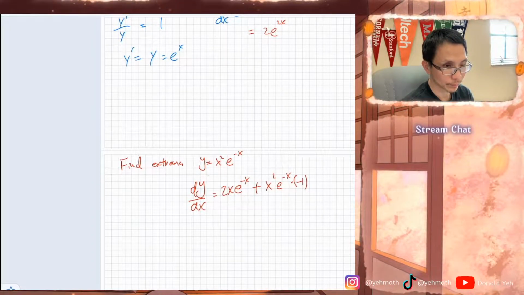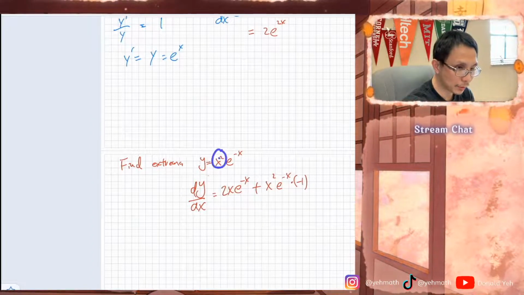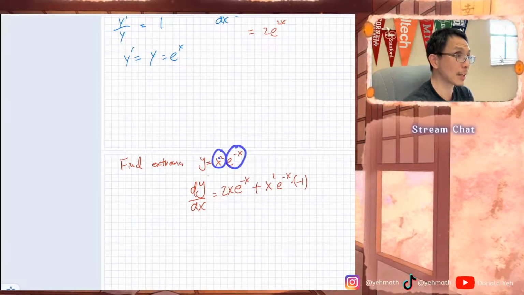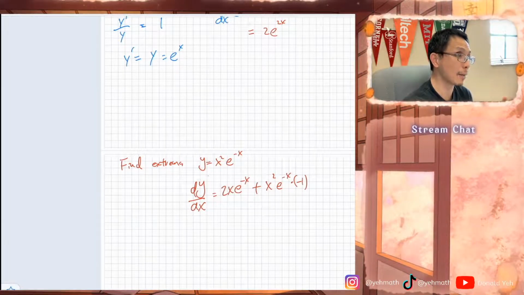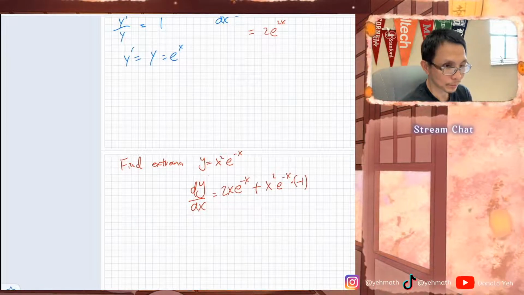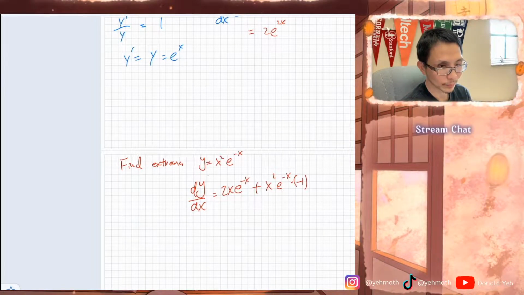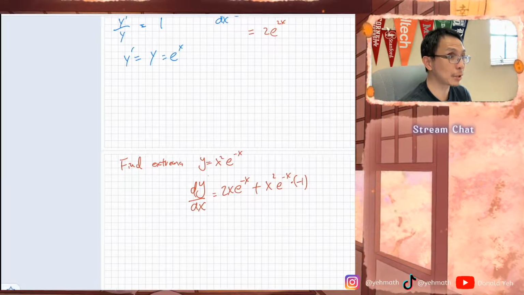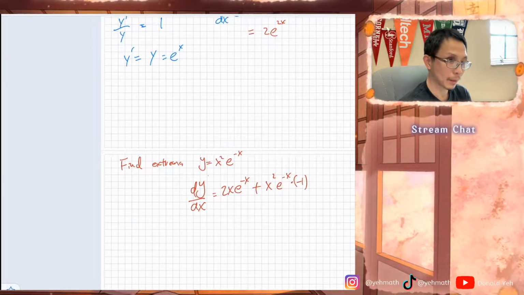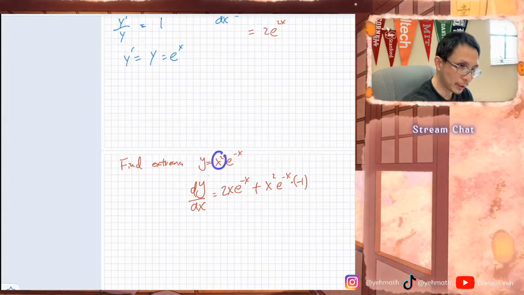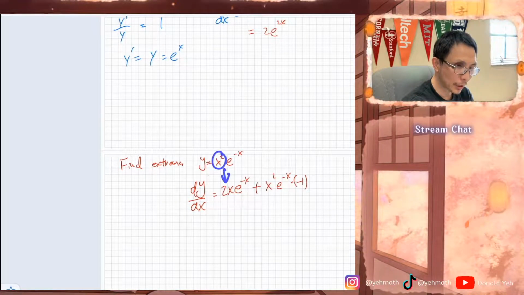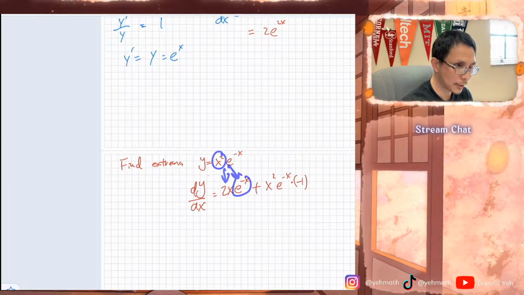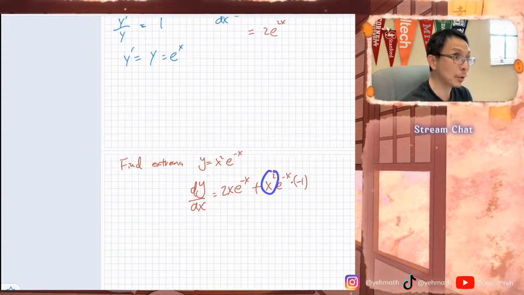Explain that, please. I take a derivative of x squared and e to the negative x as a product rule because they are a product of two things. Why is the derivative of e to the negative x equal to e to the negative x times negative 1? Because of the chain rule: e to the u times u prime. So this is x squared, and we leave the second term alone.